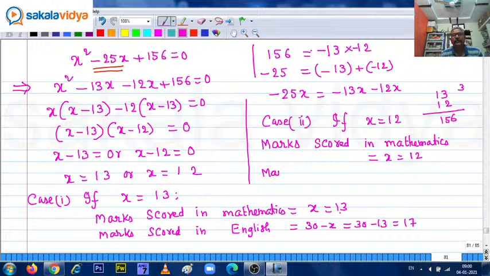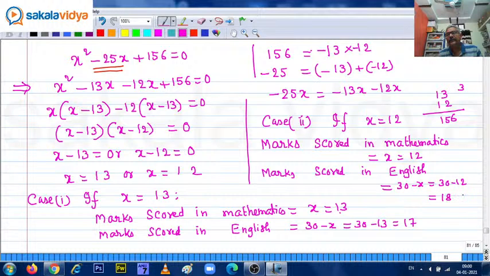So marks scored in English, obviously, is 30 minus x. So that is 30 minus 12. How much will you get? That is 18. These two cases will arise. Yes, using the formula also, the same answer you will get.